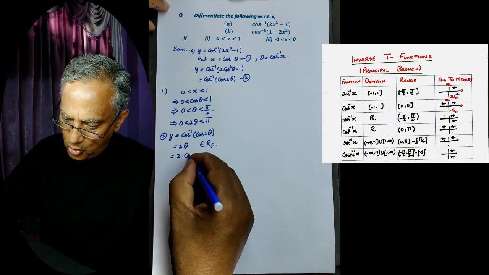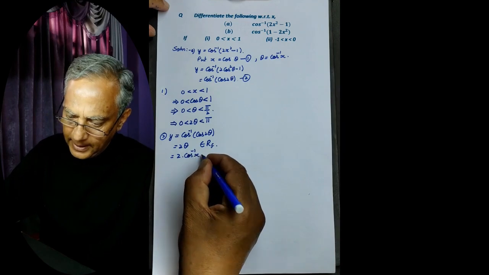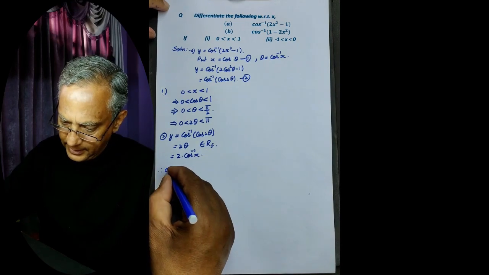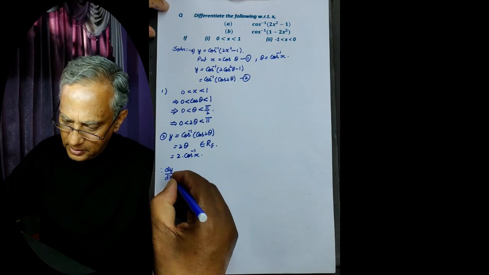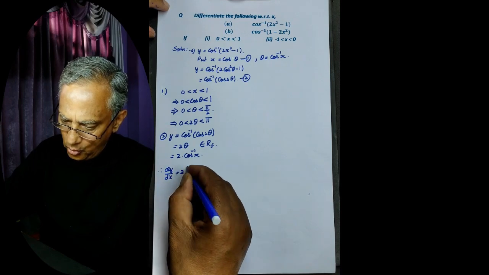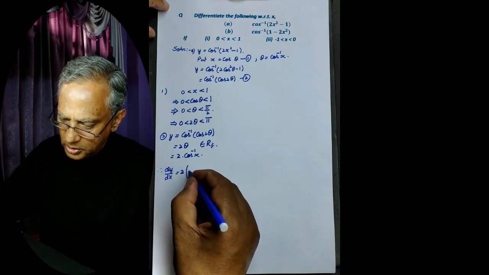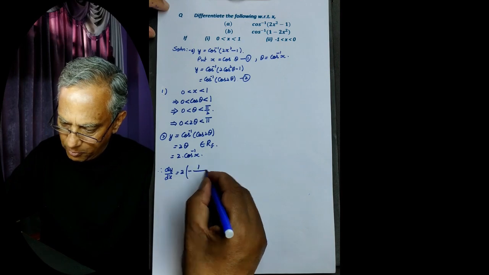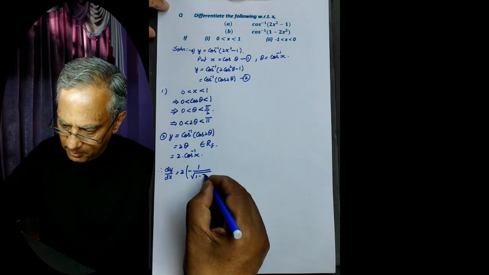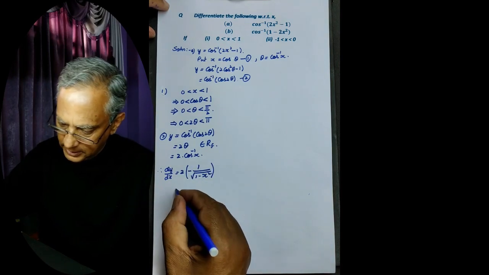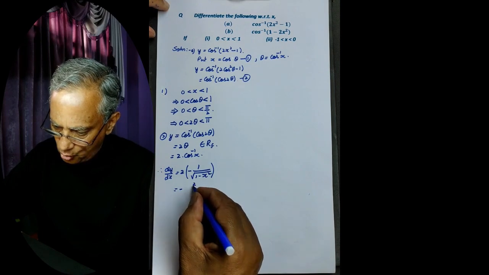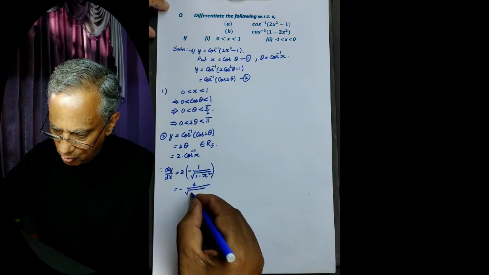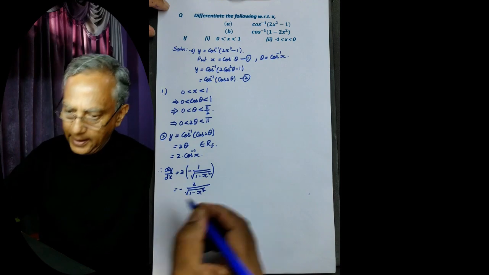So y is 2 cos inverse x, and therefore dy by dx is equal to 2 into the differentiation of cos inverse x, which is minus 1 upon under root 1 minus x square. That is minus 2 over under root 1 minus x square.